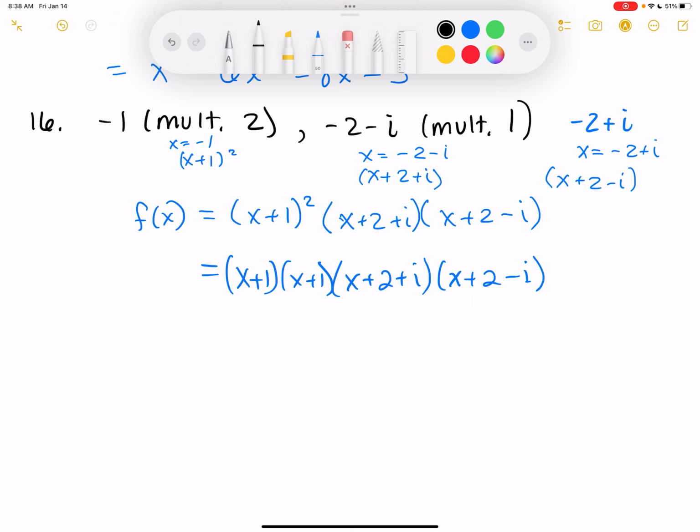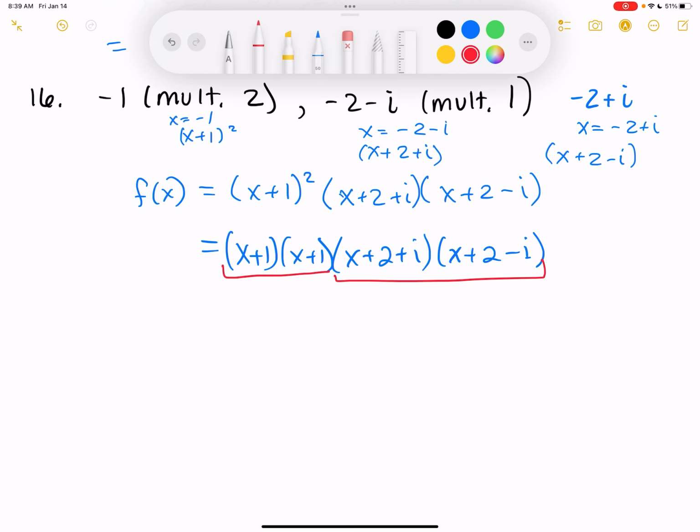I would still do these two, and then I would do these two, because these two are going to have stuff that cancels. Part of the conjugate pair is what's going to make it do that. So it'll be big and long at first, but it won't stay that way, because everything is going to cancel down.